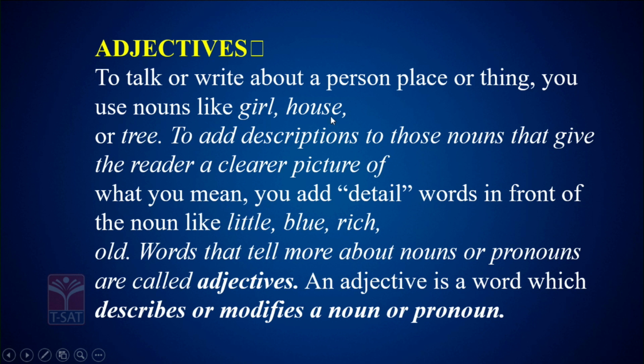As you know, to talk and to write about a person, place or thing, you need nouns like girl, house or tree or something of the same sort.